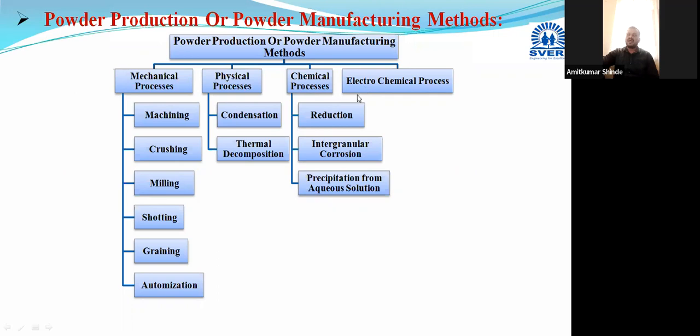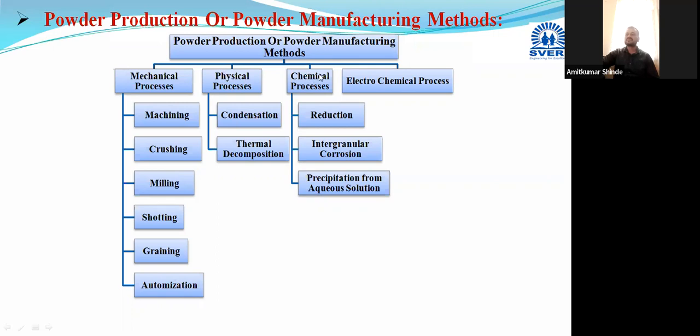Now, the mechanical processes have six different methods: machining, crushing, milling, shooting, graining, and atomization. Then physical processes are classified into two subtypes: condensation and thermal decomposition.